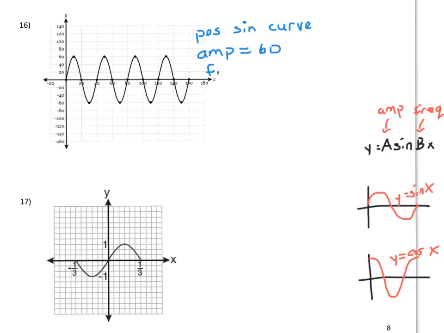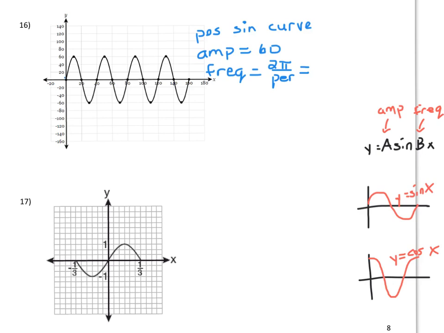Okay, and then the frequency, since we have our x-axis in terms of numbers, we're going to have to use our formula. The frequency is equal to 2 pi over the period. Okay, now, please do not plug in 160 for the period. The period is how long it takes to complete one cycle.